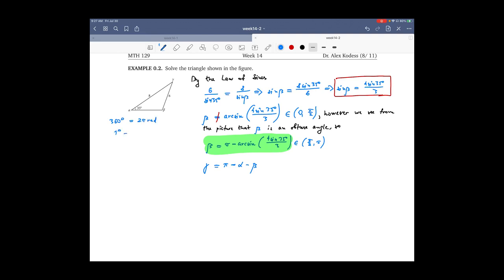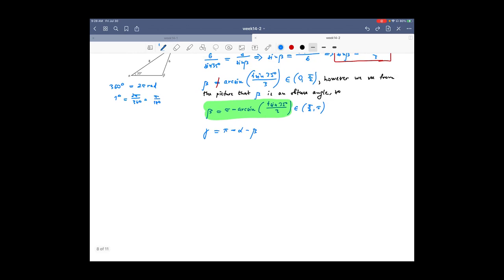So 1 degree is 2 pi over 360 radians, or pi over 180. So 35 degrees is 35 times pi over 180.